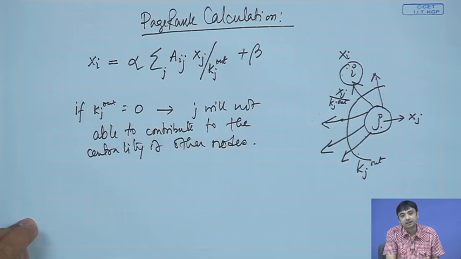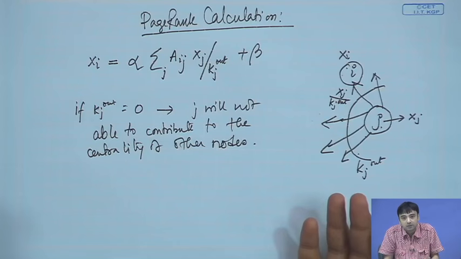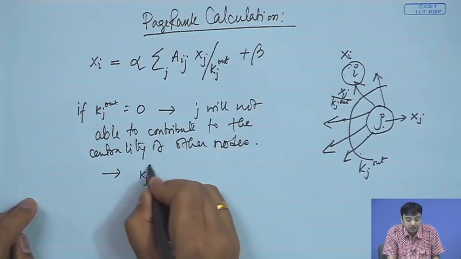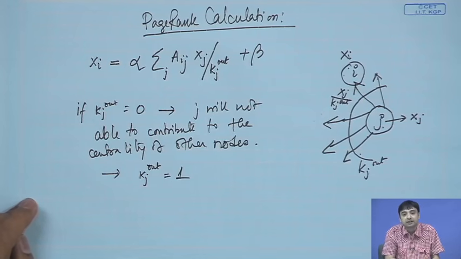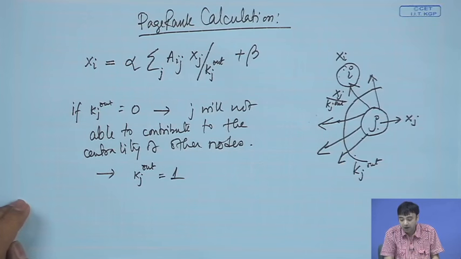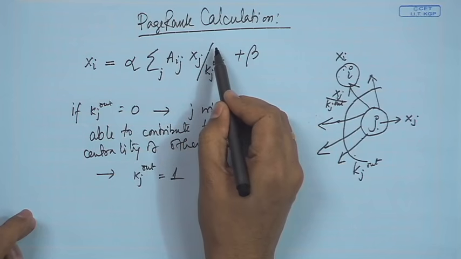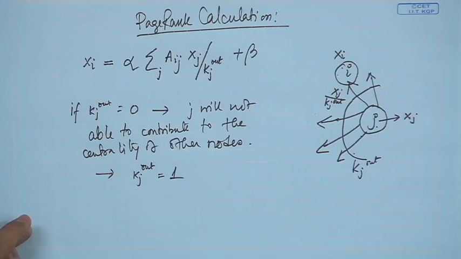So, in such cases we assume that kj out is preset to 1, in order to make our computations easy. In all such cases where kj out is 0, there is no out link, so this component will actually go to 0, because it will contribute 0 popularity to all other neighbors. Okay. So, we set kj out equal to 1, so that we avoid division by 0.